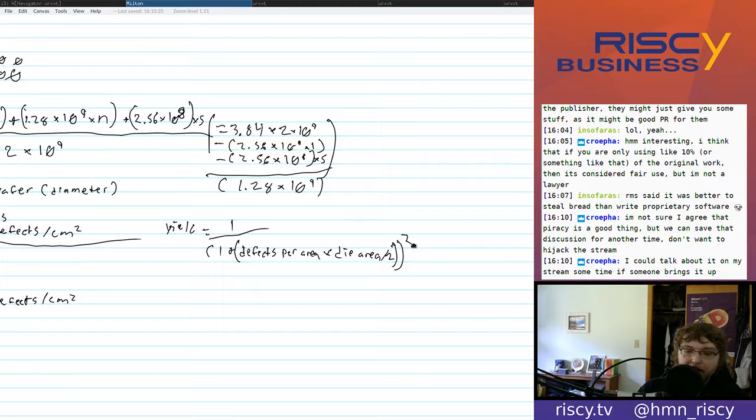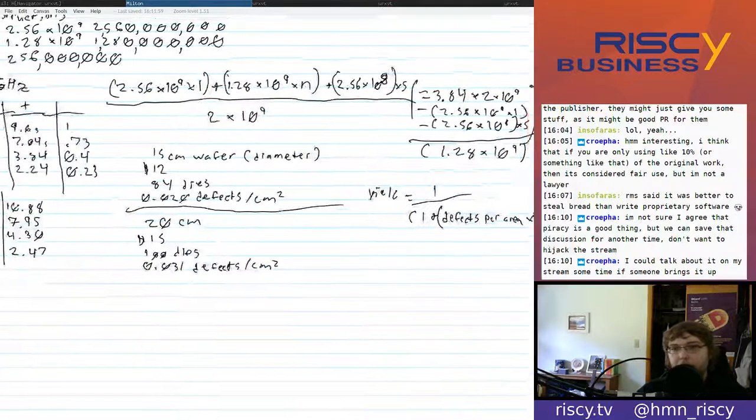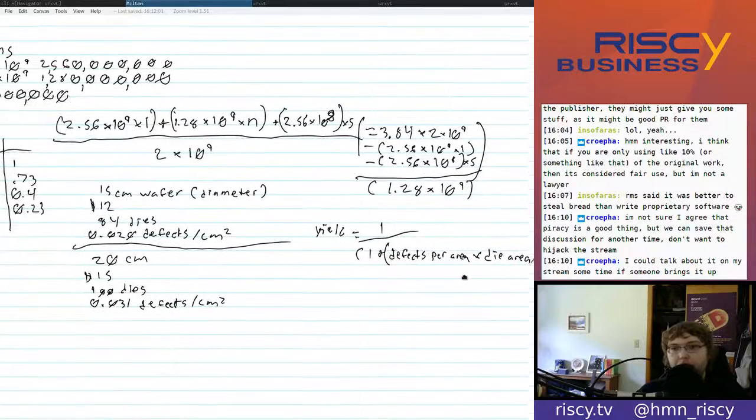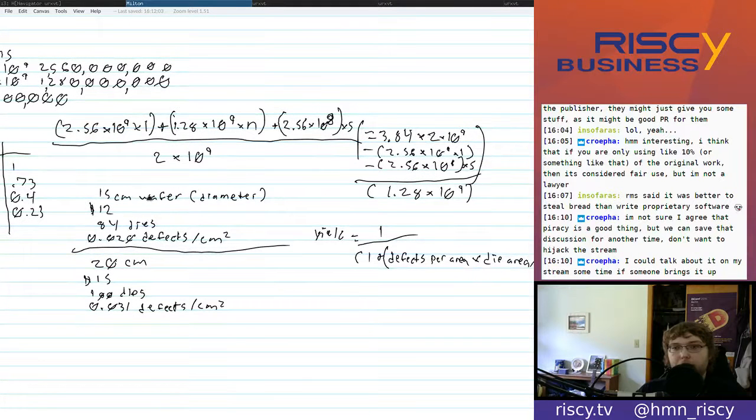But anyway, so we need to find the yield for the two wafers here. So here's the information we've got. The diameter of the wafer, the cost, the number of dies, the number of defects per centimeter squared.